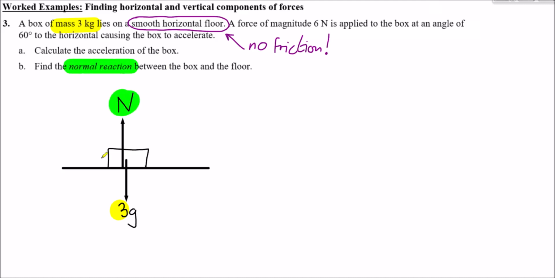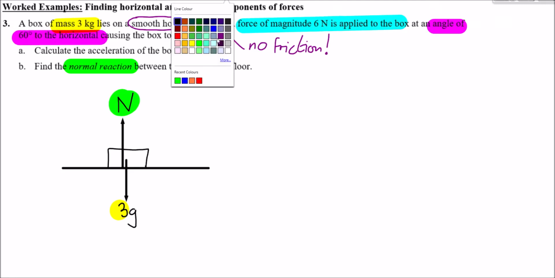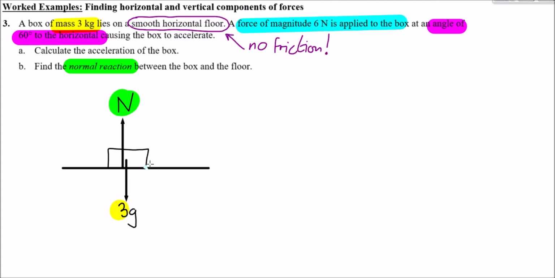No friction, so there's no force opposing the motion, but there is a force of magnitude 6 newtons, and it's applied at an angle of 60 degrees to the horizontal. So this force here is going to be a force which is going upwards at exactly a 60 degree angle.